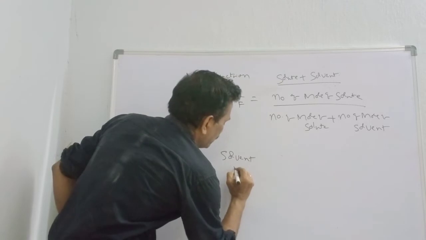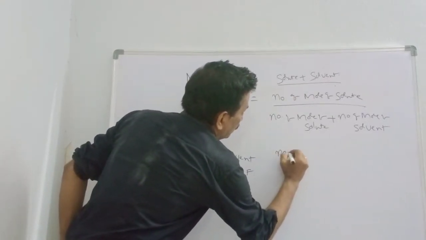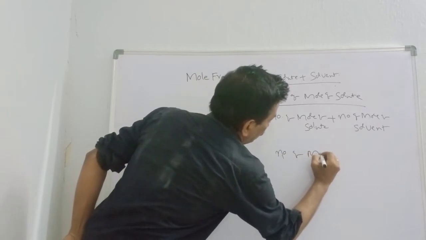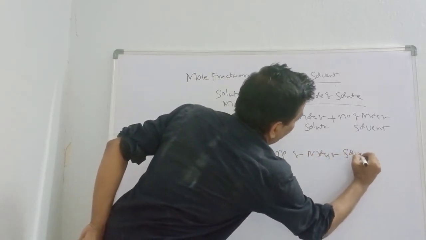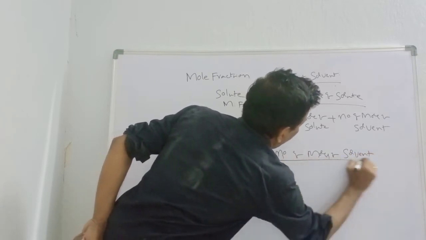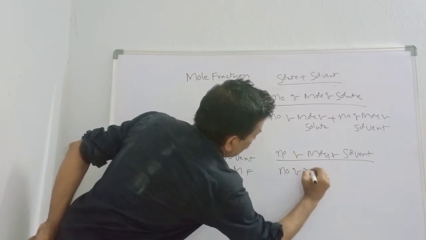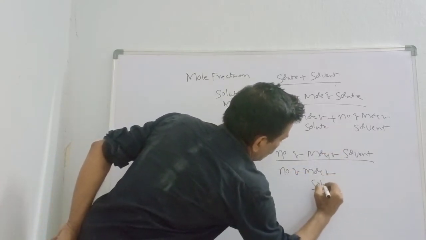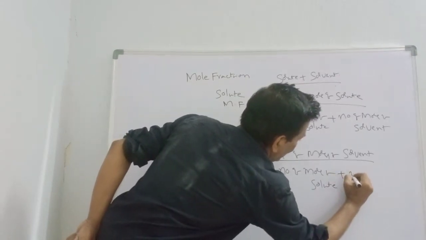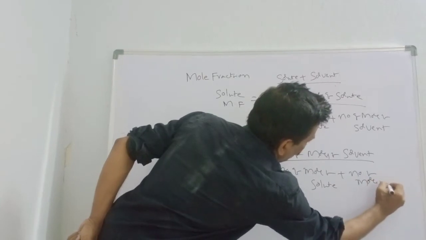Solvent mole fraction: number of moles of solvent upon the same, number of moles of solute plus number of moles of solvent.